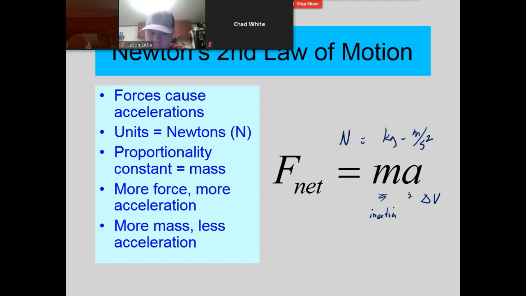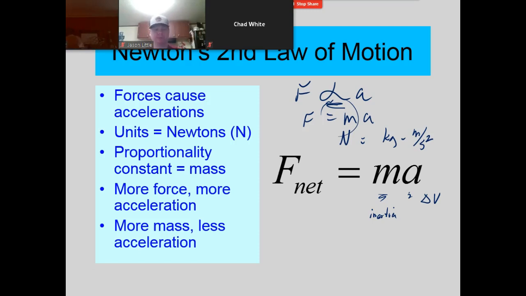The proportionality constant, what we were saying up here, forces are proportional to acceleration. Equal K replaces proportional to. That K, the proportionality constant, is the mass. Now, if you have an object with constant mass, which you usually do, if you exert more force, you get a greater acceleration.